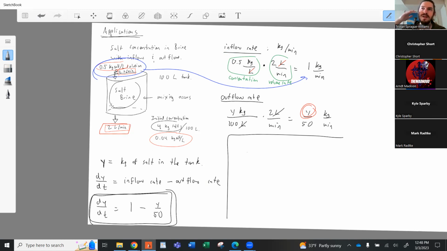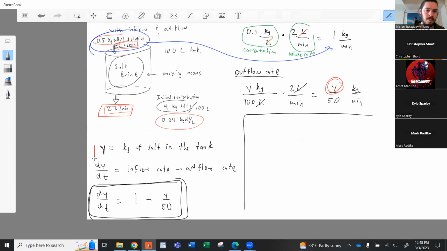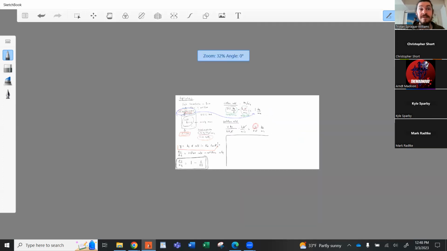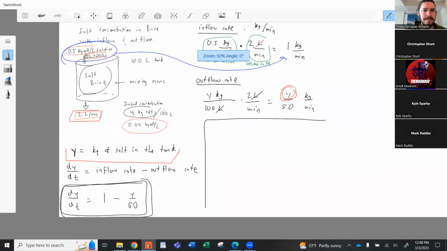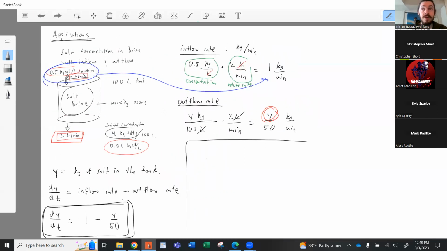And that would just be the kilograms of salt that are in there divided by 100 liters, because the volume is staying constant at 100 liters. Now, how much salt is currently in there? It's y. That's what our variable represents in the first place, right? So that's why there's a y in that concentration. Does that make sense?